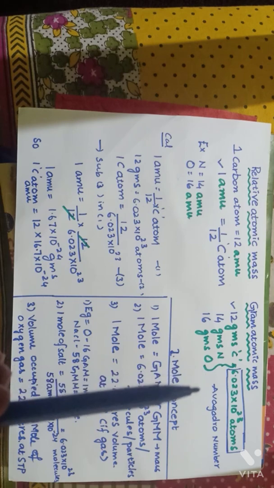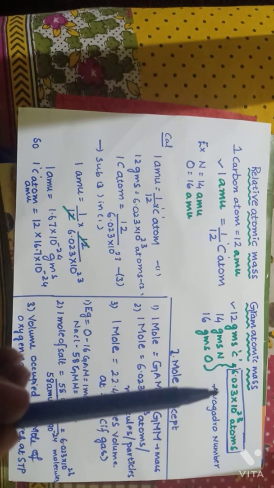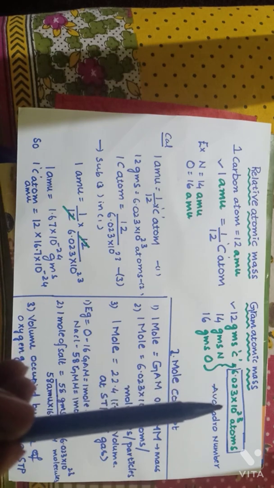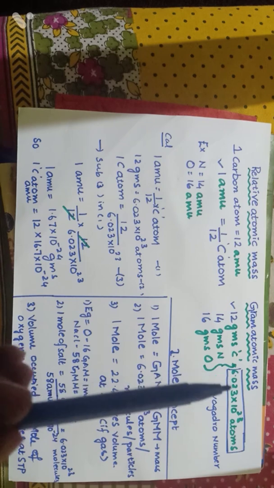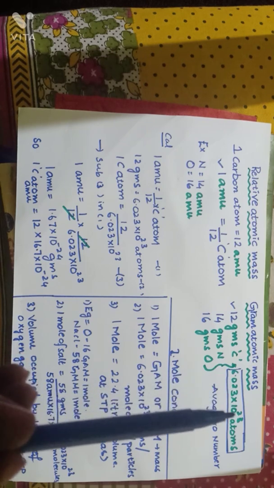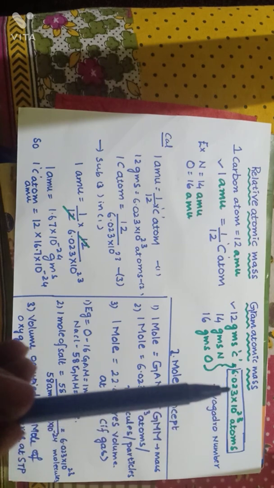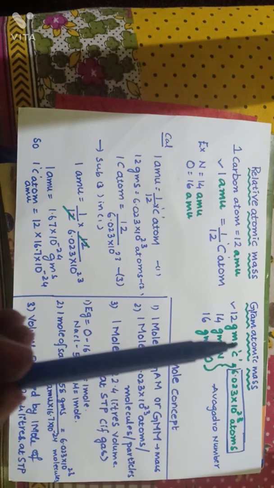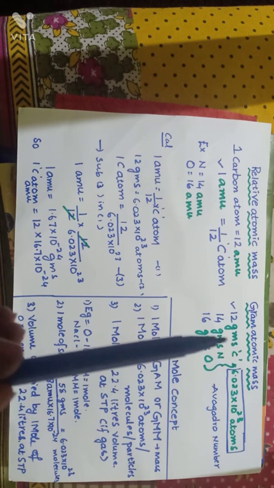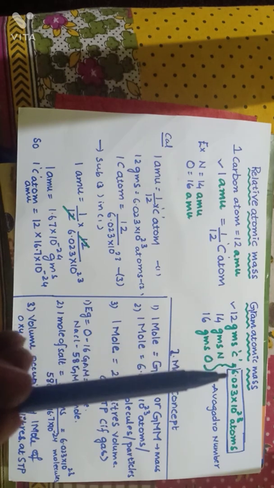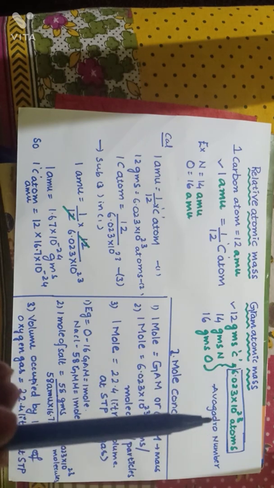Later on Avogadro gave this number, named after him, 6.022 or 6.023. In some textbooks we have 22, some 23. That is 6.022 or 6.023 into 10 power 23 atoms. As I told you, if we take 12 grams of carbon in hand, or a salt, and measure it, that amount has 6.023 into 10 power 23 atoms.